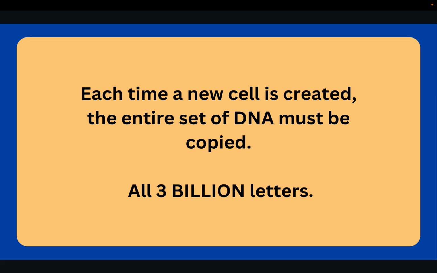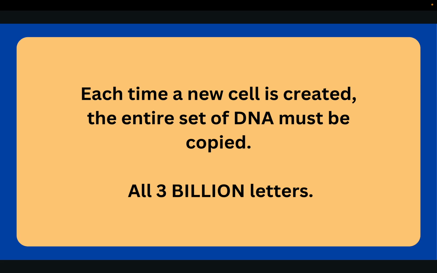Every time a new cell is created in your body, which is going to happen trillions and trillions of times during your life, the entire set of DNA must be copied, all 3 billion letters, because every cell has the full copy of your DNA. They don't use the entire copy, but they have the entire instruction manual inside each nucleus.